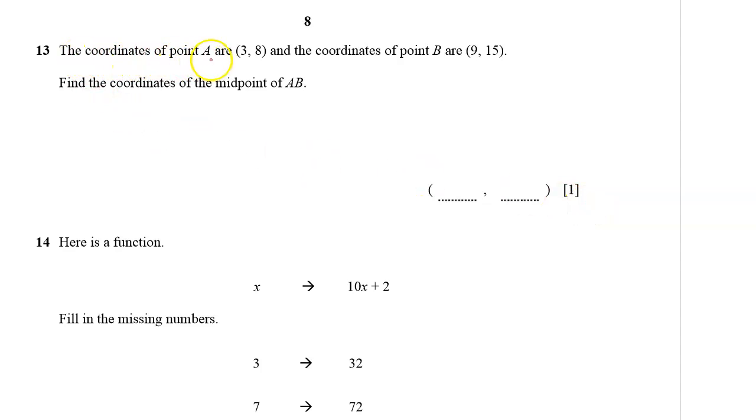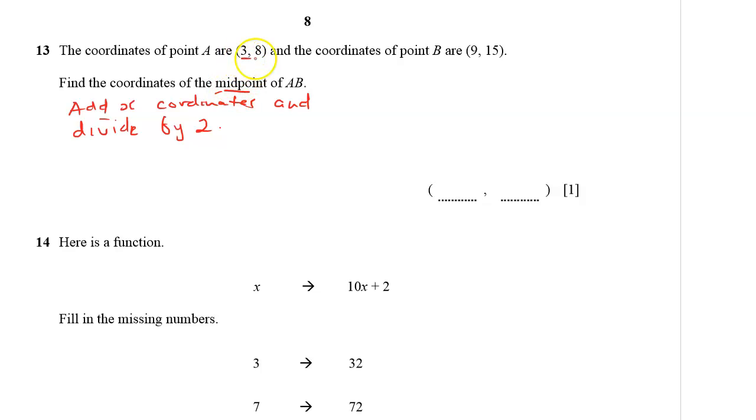Number 13. The coordinates of point A are given, and the coordinates of point B are 9, 15. Find the coordinates of the midpoint of AB. To find the coordinates of the midpoint, you need to add the x coordinates and divide by 2, and add the y coordinates and divide by 2.